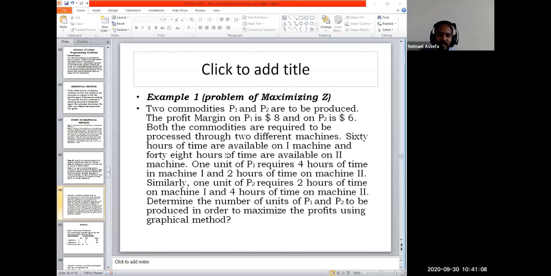You have to determine the number of units of P1 and P2 to be produced in order to maximize the profit, from 8 birr and 6 birr. These are the same kinds of problems.